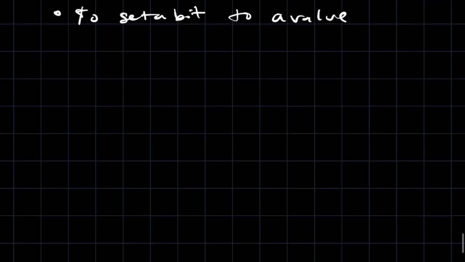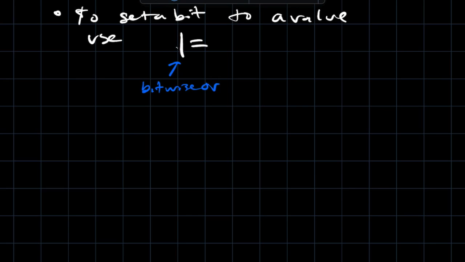The reason that we use that is that when we actually start doing things with bits, the shift operator is just way quicker. So let's say we want to set a bit to a value. We would use or equals. Now I'm going to call this out a little bit here. I just want you to notice this is a bitwise or equals.